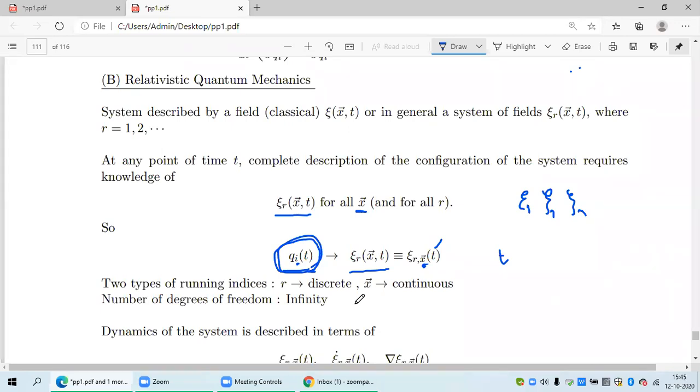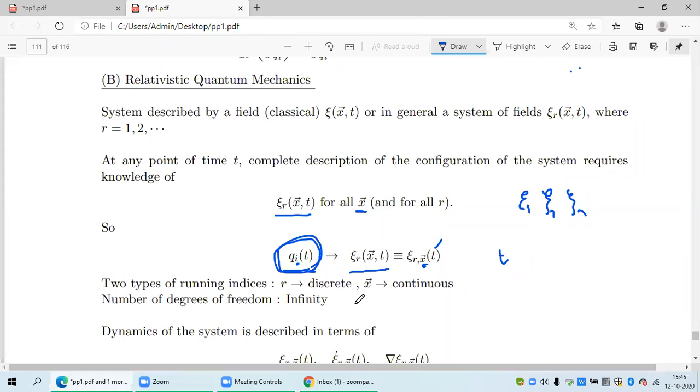If you fix time, if you look at a particular time, different points of your universe will have different values of the field. At a particular time, at different points in space, the field will take different values.